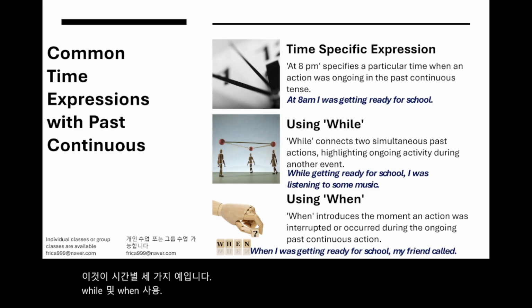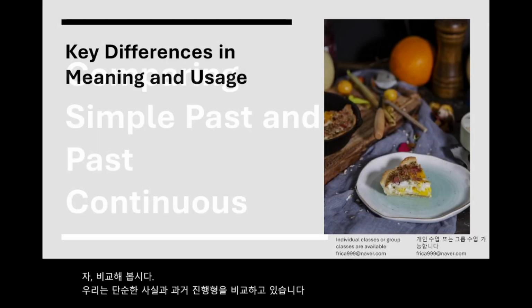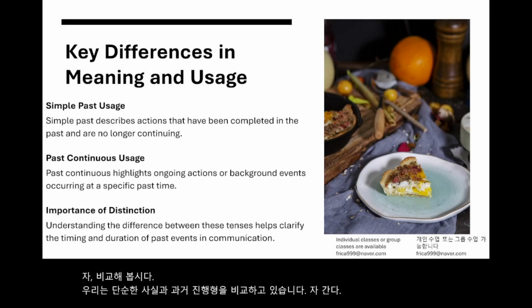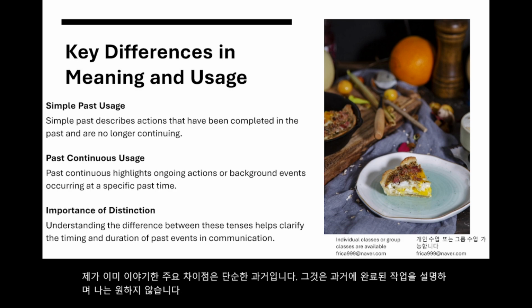All right, let's compare. We're comparing the simple past and the past continuous. Here we go. Key differences, which I've talked about already. The simple past describes actions that have been completed in the past and are no longer continuing.